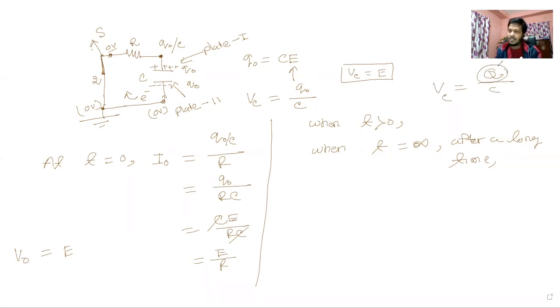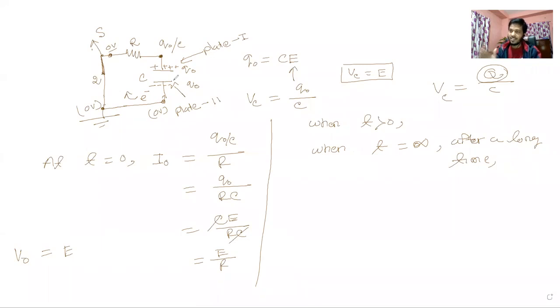It is very easy to understand. So we can say that the capacitor has reached its final state or steady state. Steady state or final state means the state in which no quantity changes.